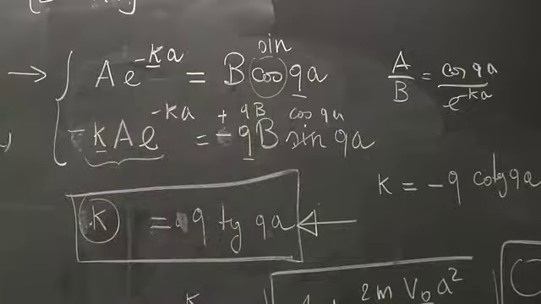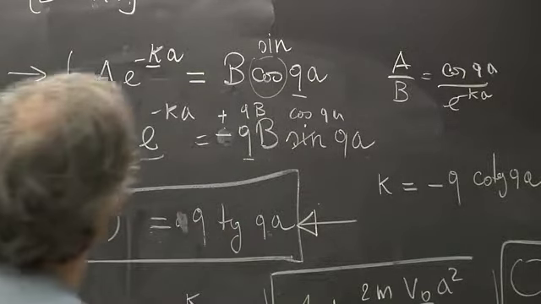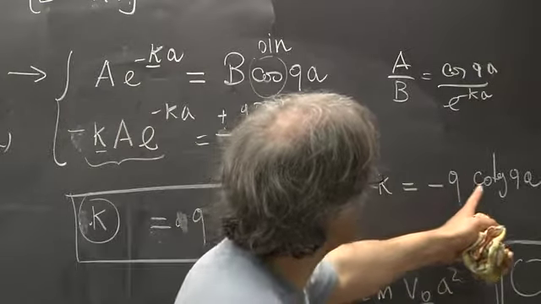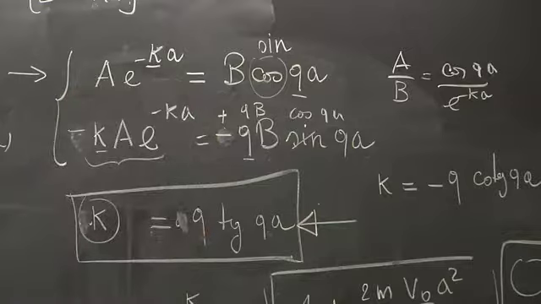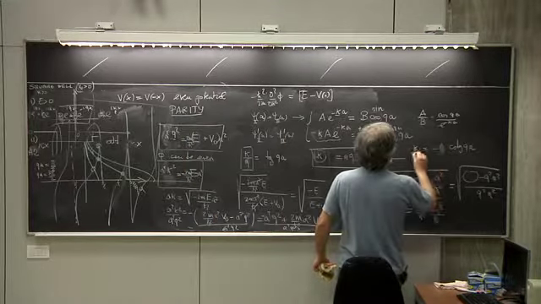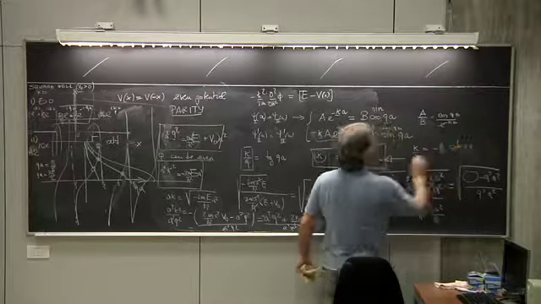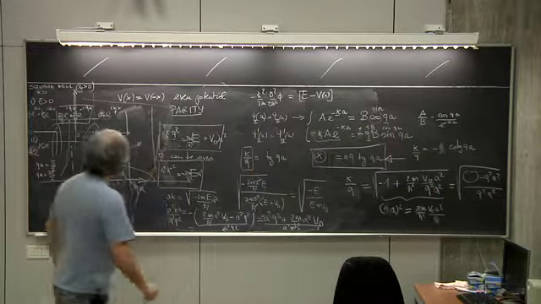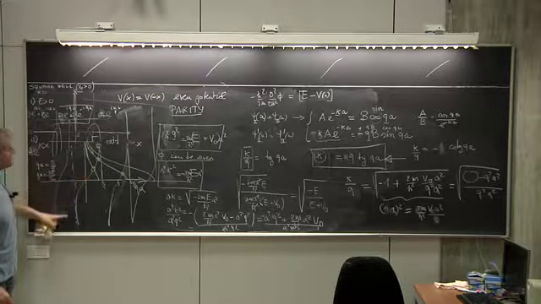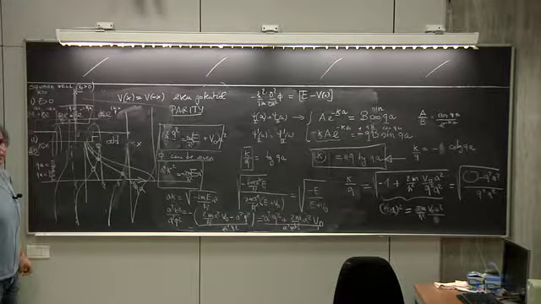It's very, very similar. It can be done in essentially one line. So notice the extra minus and the cotangent in place of the tangent. So if you just do the usual thing, K over Q, this is the new equation. Now you see that where you had the tangent, now you have minus the cotangent.